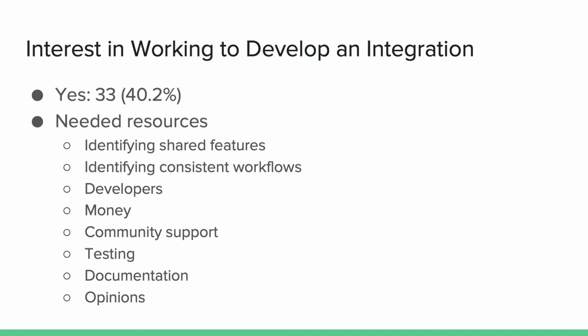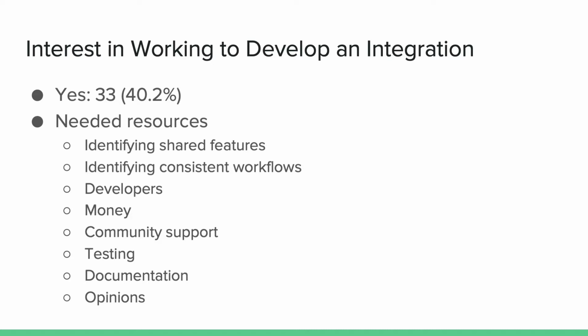People identified resources that they could provide and resources that they might need to actually participate in making one of these integrations happen, including identifying shared features and consistent workflows. That was something that a lot of people were interested in, to make sure that the integrations that they're developing don't just work for them.